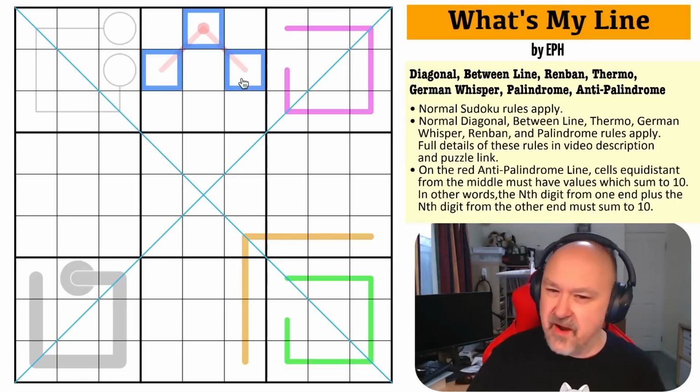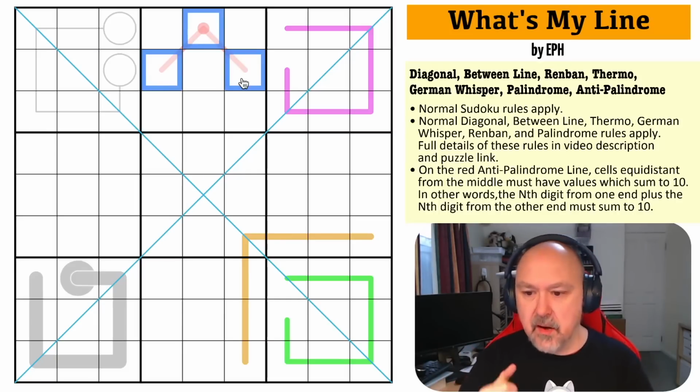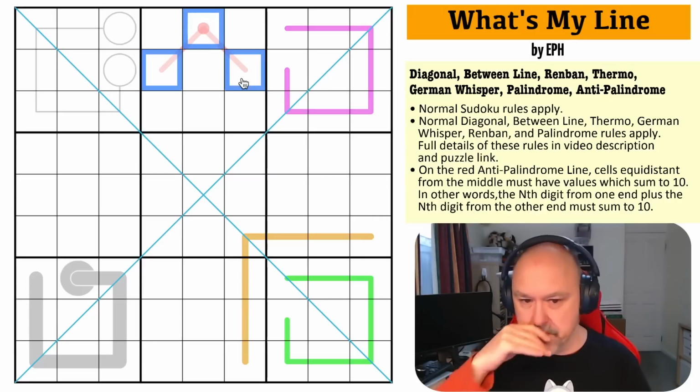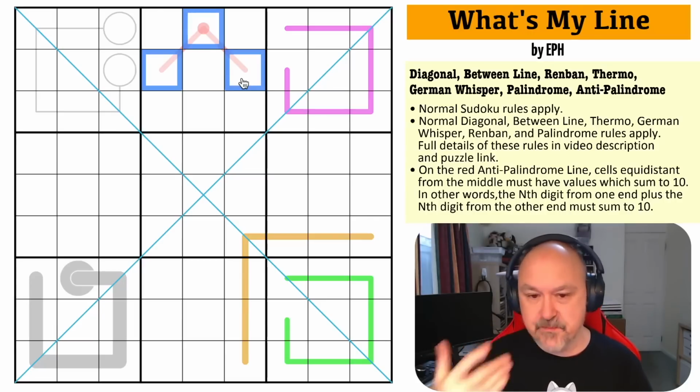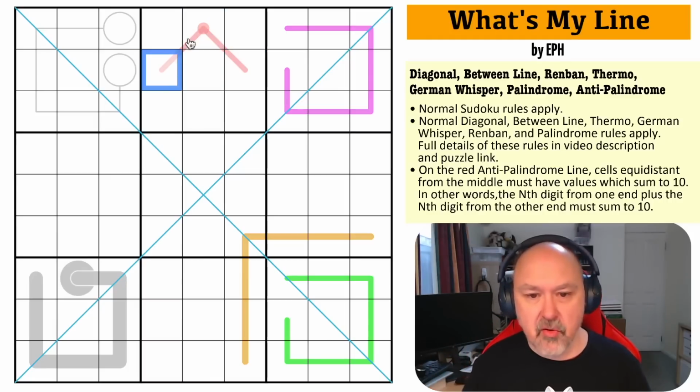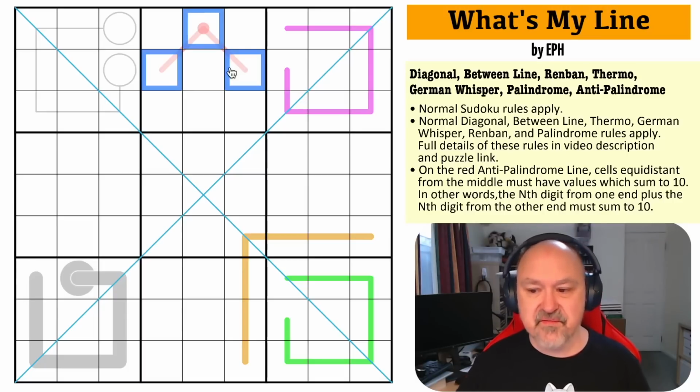This is something I've not seen before, but there was an example provided. It was in the submission, but I wasn't given anything, it was just a text box. Basically what it means is, along this line, cells equidistant from the middle must have values which sum to 10.